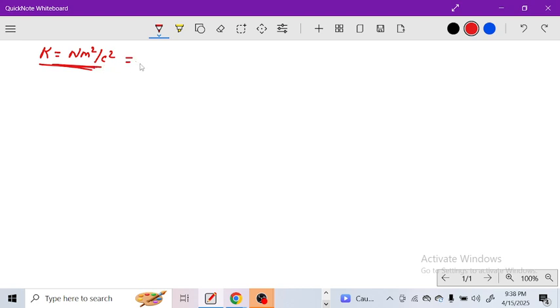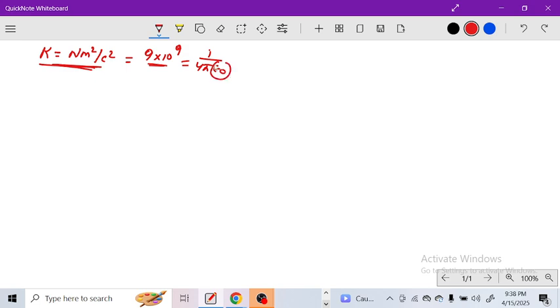And what is the value of the electrostatic constant? The value of K is 9 into 10 to the power 9. And the formula is K equal to 1 by 4 pi epsilon naught.